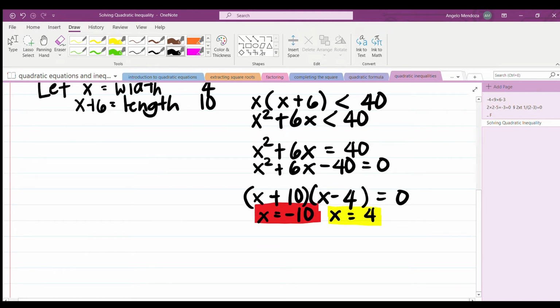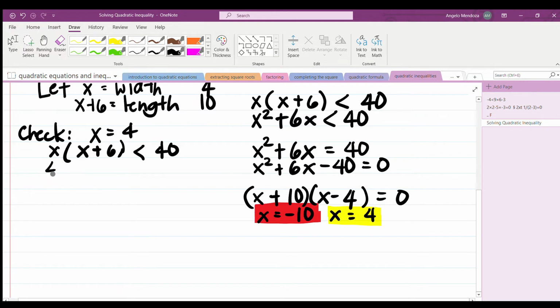Now, if we're going to check the inequality using 4 as the solution, we're going to check x multiplied by x plus 6 is less than 40. So we let x equal 4.